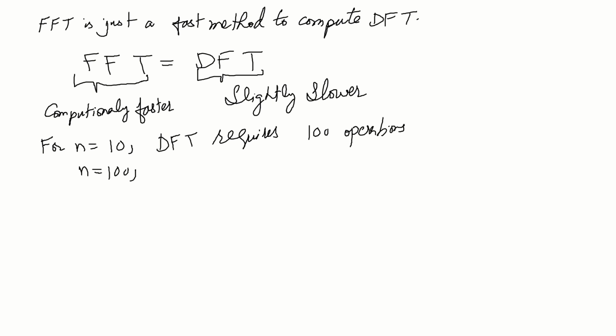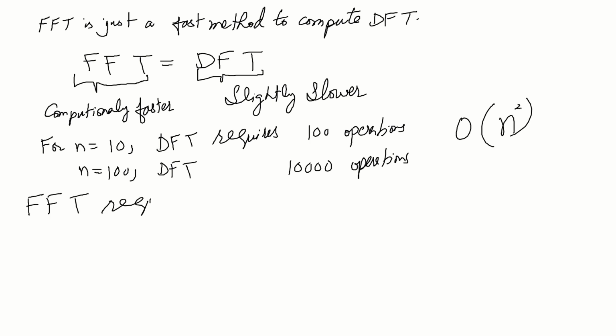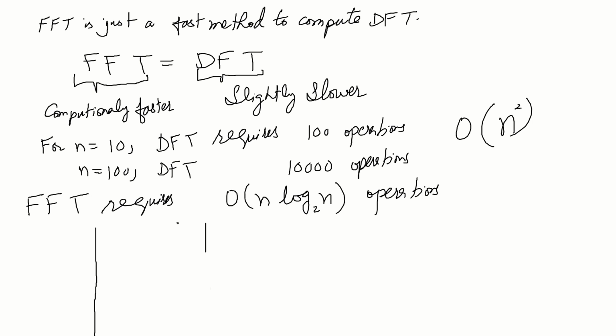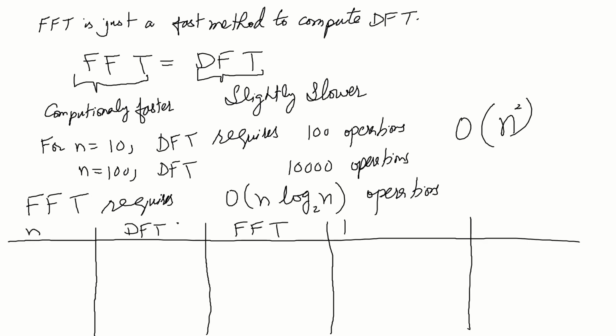For n equal 100, DFT requires 10,000 operations. The computation time of DFT increases by order of n square. On the other hand, the computation time of FFT increases by order of n log n, where log is taken with base 2. Let us compare the computation time step by step.